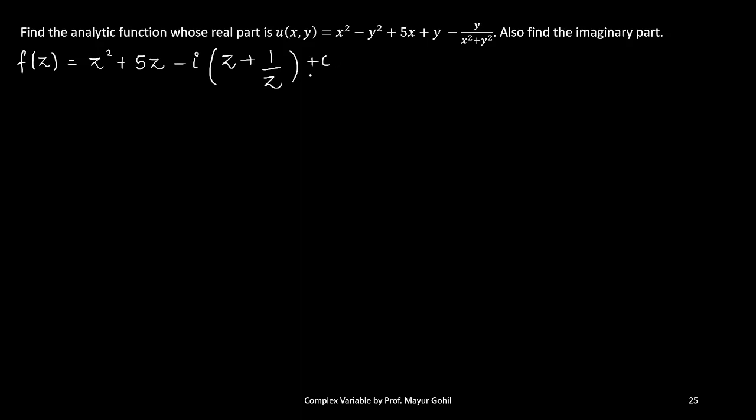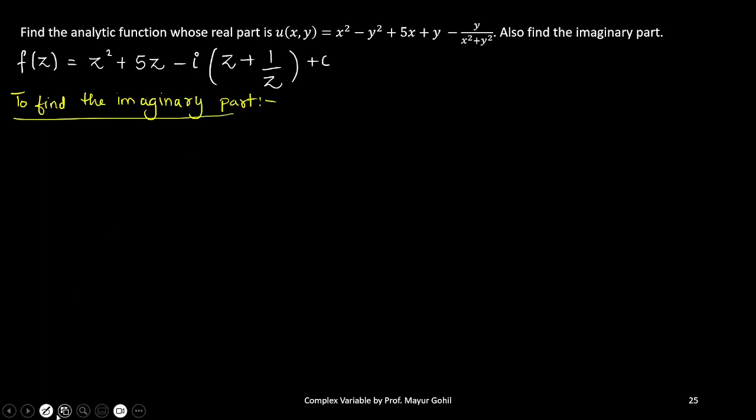Now this c can be avoided for some time and it is okay. Now how do we get the imaginary part from this? To find the imaginary part, we do the following. We put f of z equals u plus iv, and z equals x plus iy. That is what we do, and we will get our answer.